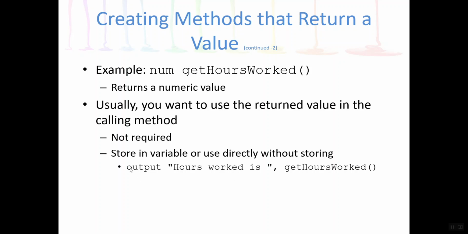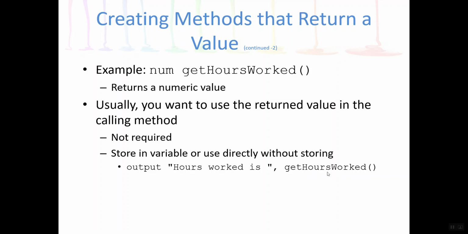Here, if we imagine that this output line that we're looking at is in a main method, and this main method has access to a method called getHoursWorked that returns a numeric value, then main could output some text, hours worked is, followed by and concatenating to the numeric value that represents the hours worked.